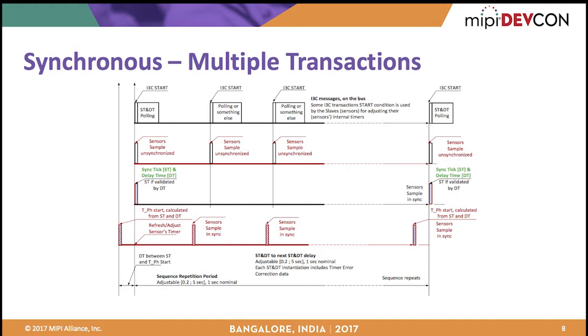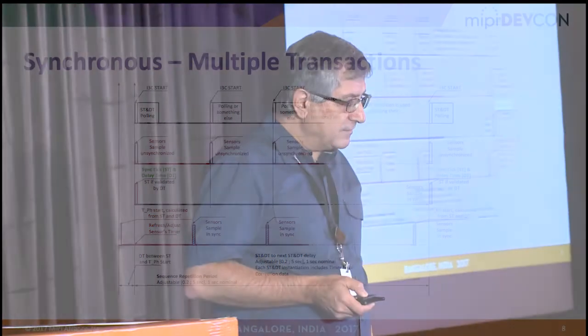You synchronize it only at a certain duration. So the sensors have to timestamp each of those start points, and they keep one overwriting the other in a shadow type of register. And then when the command to synchronize the whole period comes, they will use that particular value as a reference for doing that.